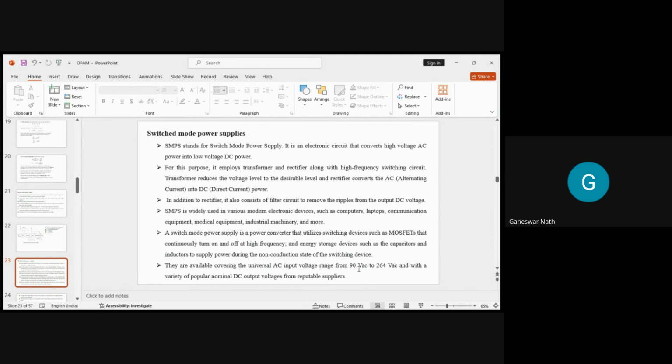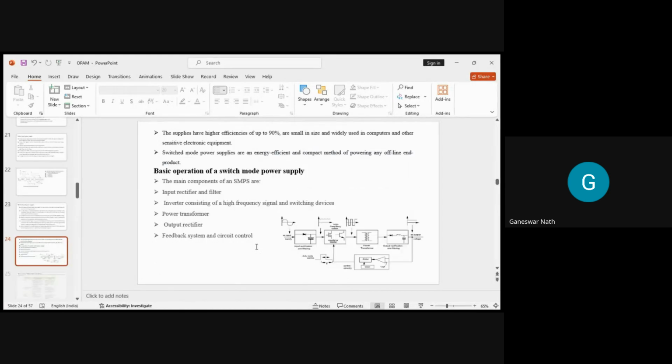They are available for converting a universal AC input voltage ranging from 20 AC voltage to 264 AC voltage, with a variety of popular nominal DC output voltages from reputable suppliers. So these are the features associated with the switching mode power supply.